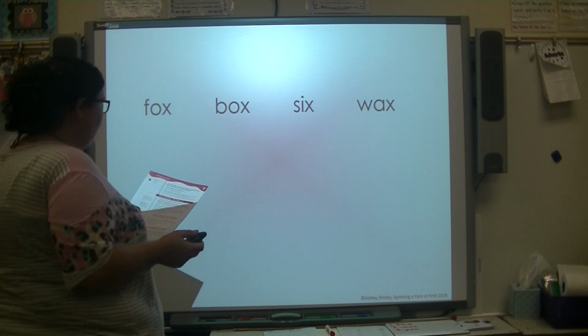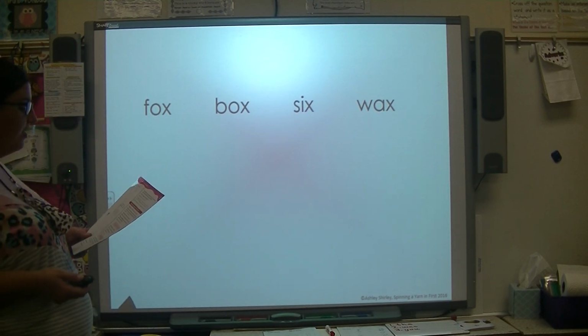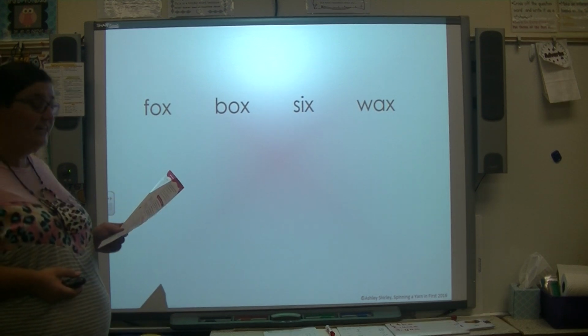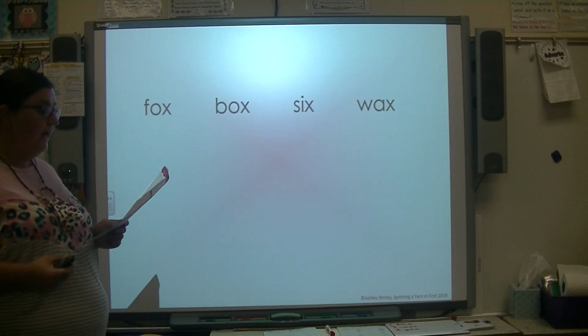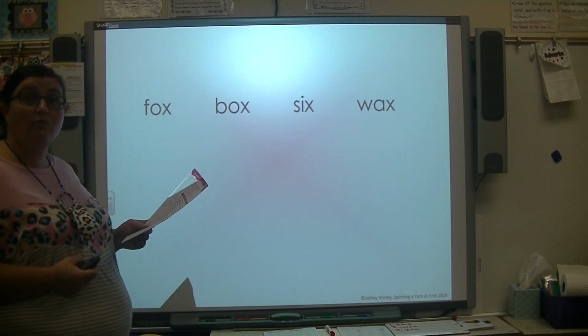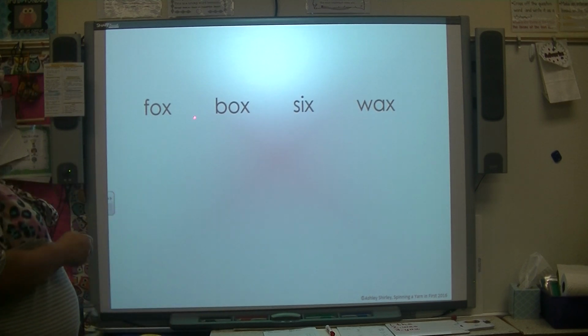All right, yesterday we talked about consonants. Echo these words and listen for the sound in the final or end position of the word and see if you can discover one of the consonants that we left out yesterday. Listen.